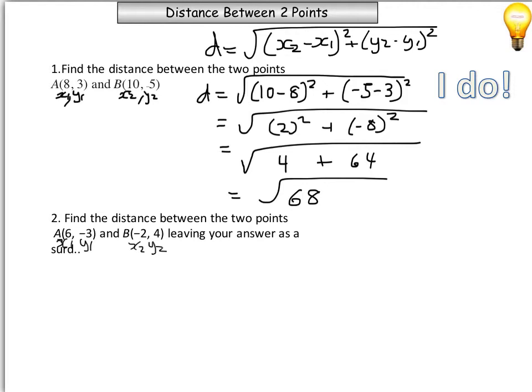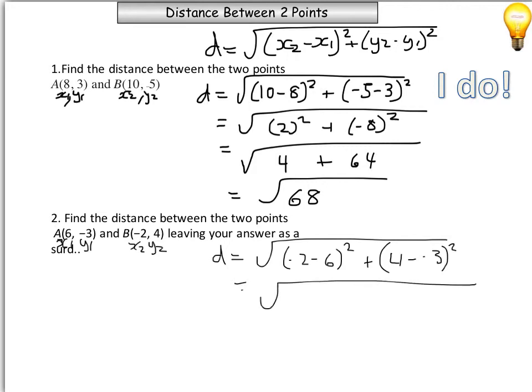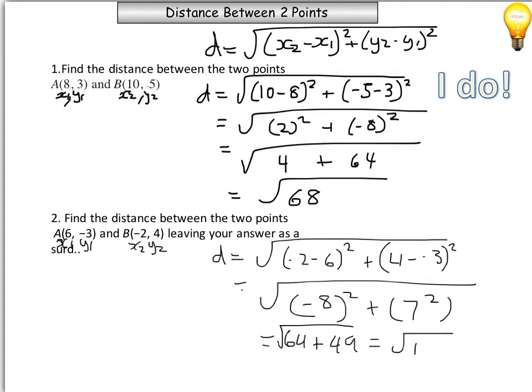Again, we're going to use our distance formula, so D is equal to the square root of (minus 2 take away 6) squared plus, we've got y2 which is 4 minus 3, all squared, which is equal to the square root of minus 8 squared plus 7 squared, which gives us the square root of 64 plus 49, which equals the square root of 113.